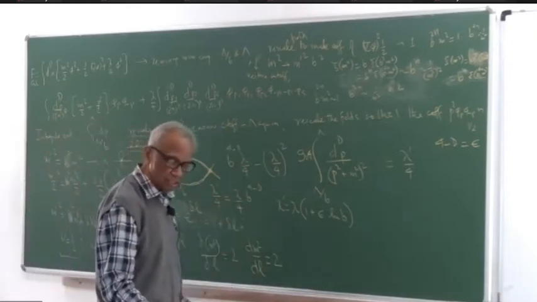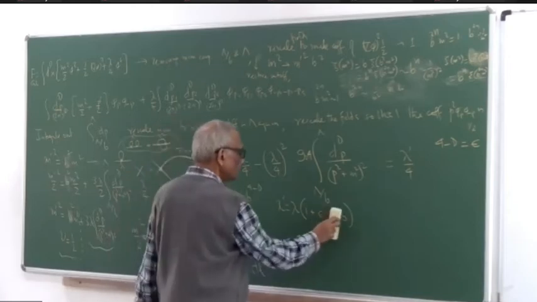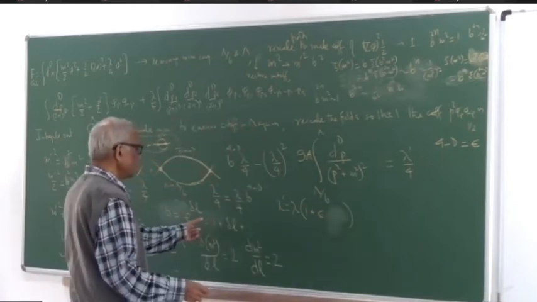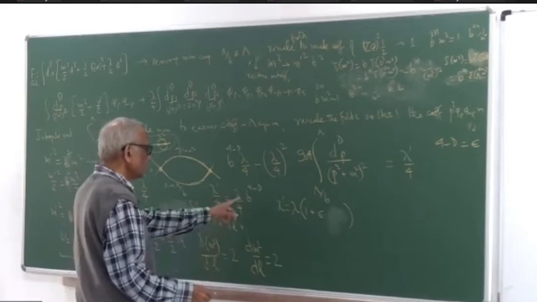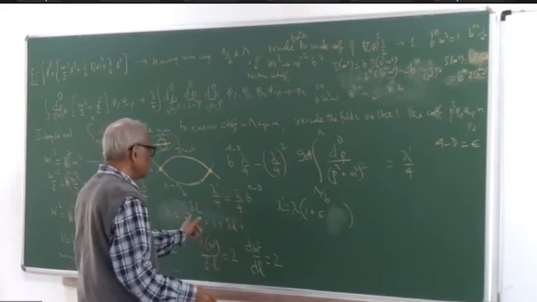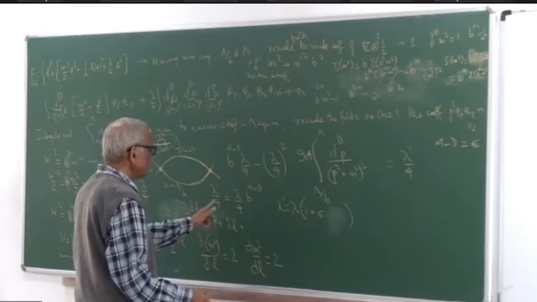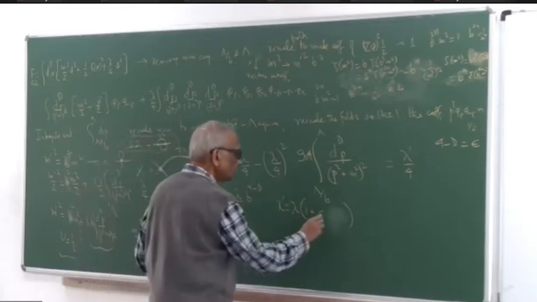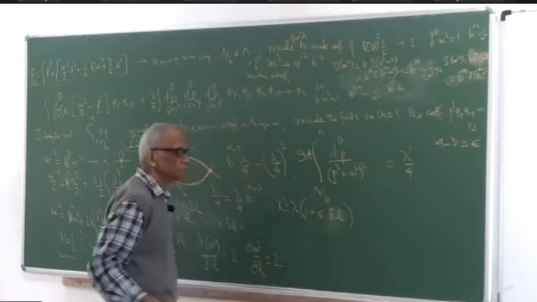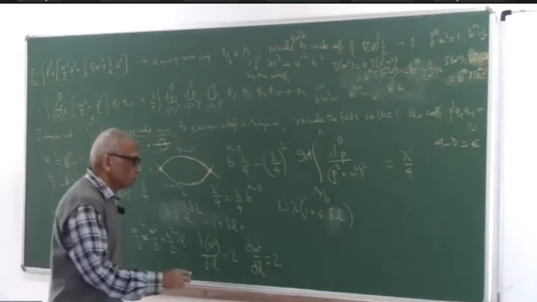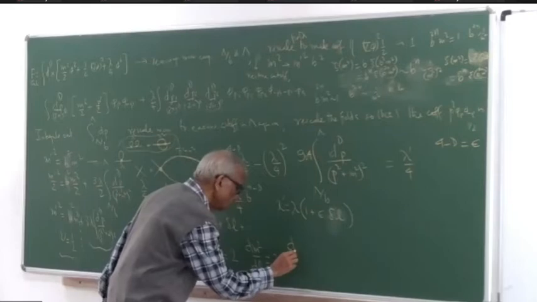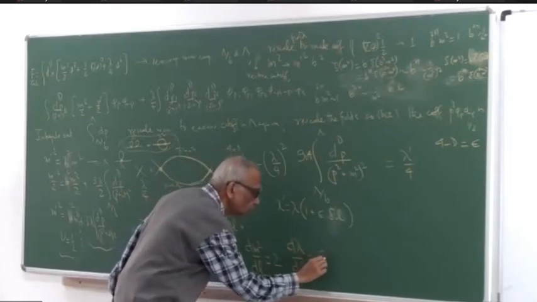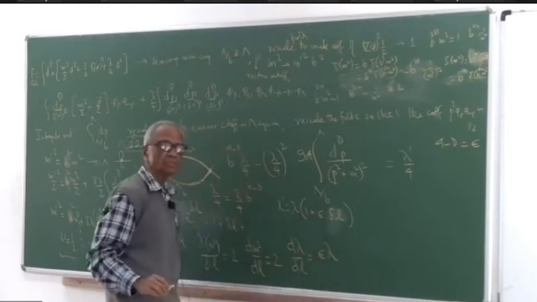We said the notation was e to the power delta L. So B is e to the power delta L, and this is e to the power epsilon delta L. Therefore, d lambda by d L is equal to epsilon times lambda.